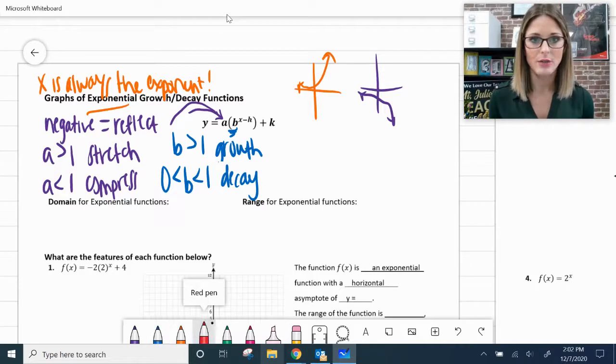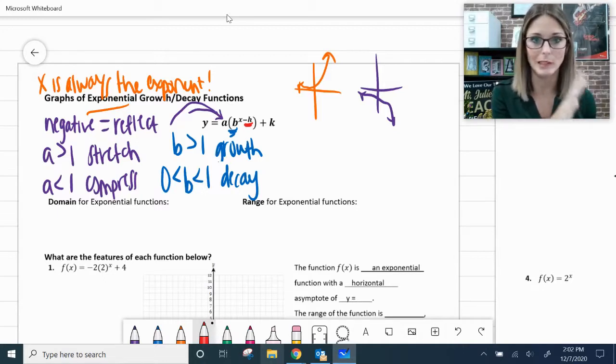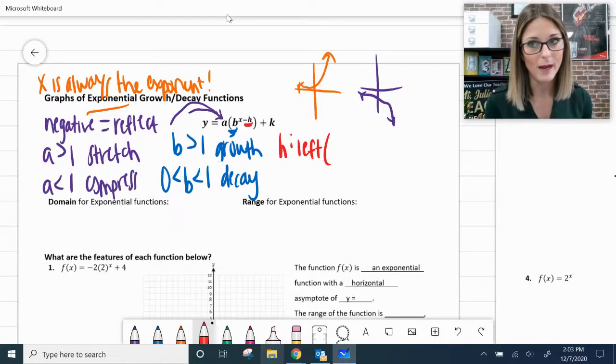Moving on, let's use red, because I'm going to look at h. Just like in the warm-up, h is going to move it side to side. x has still got to be there. x has always got to be there to represent an exponential function. x is always the exponent. But h is going to move it left to right. It still goes backwards: left if it's got addition, and right if it's a subtraction.